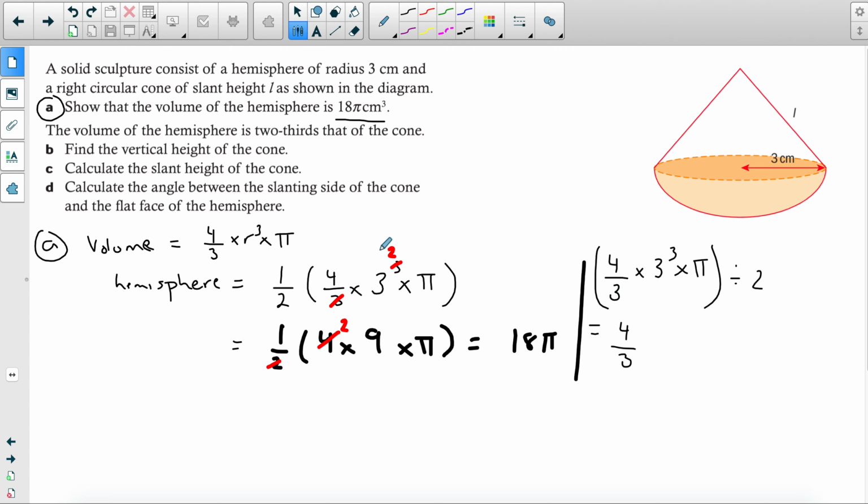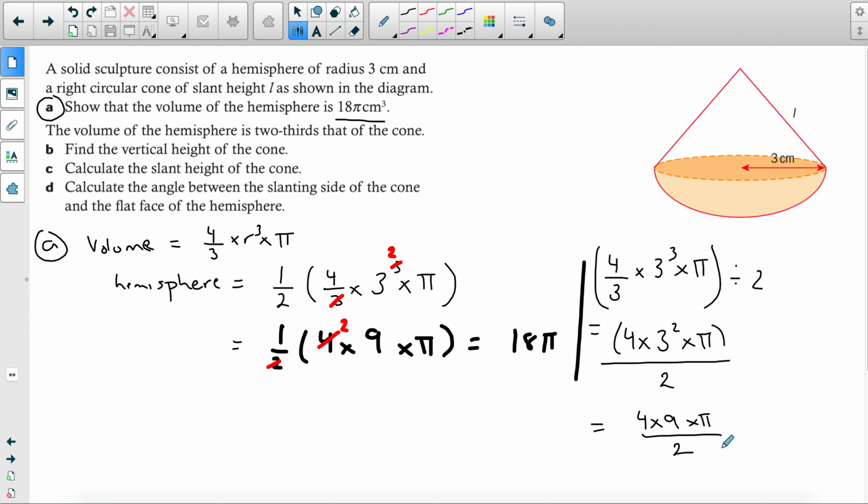So we are still back in this case: 4 times 3 squared times pi, and then this whole thing divided by 2, which is 4 times 9 times pi divided by 2.